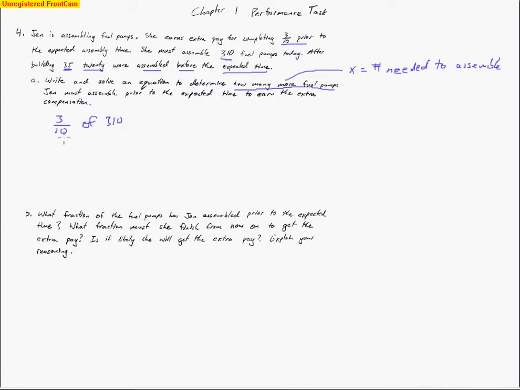And so this is going to give us the amount needed to assemble prior to that expected time. And so I'll go ahead and multiply these numbers. When I see a fraction, I'm going to write the 310 as a fraction, I see that 10 can be divided into this 310 as well. So it's going to leave us with 31. So I go ahead and multiply across.